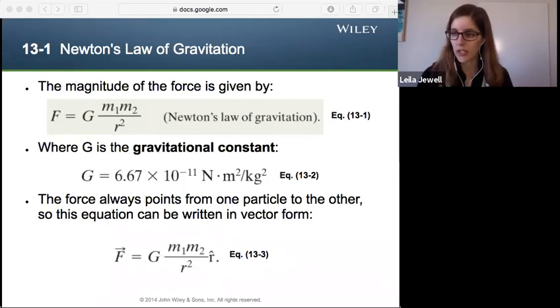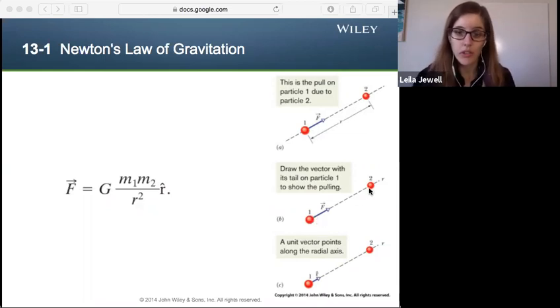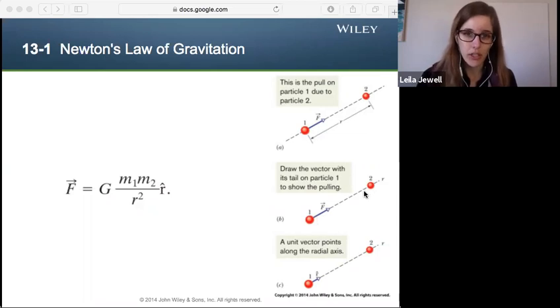And we can demonstrate this, draw this out where we have these two particles, particles 1 and 2, and particle 1 feels a force that's going directly towards particle 2. So we draw the vector with the tail on particle 1 to show that it is being pulled towards particle 2. We don't draw it as pushing, it's always pulling. And the unit vector r hat isn't the full magnitude of the force, it's just the direction.